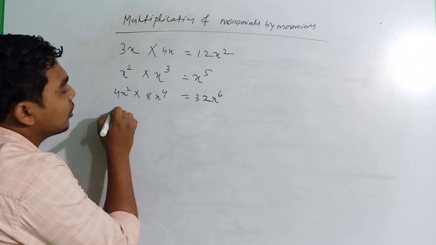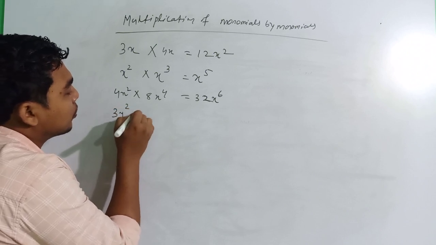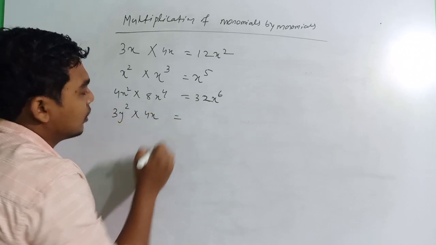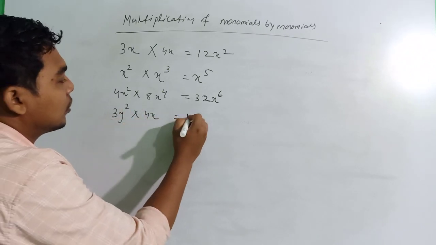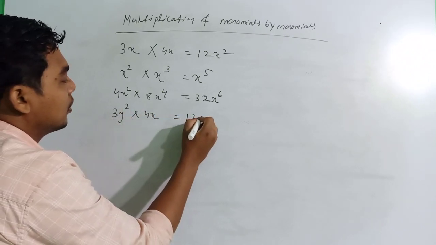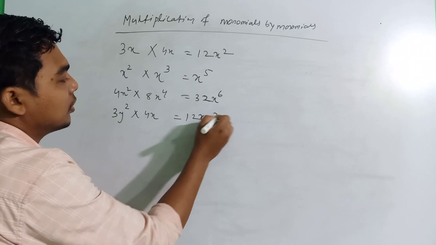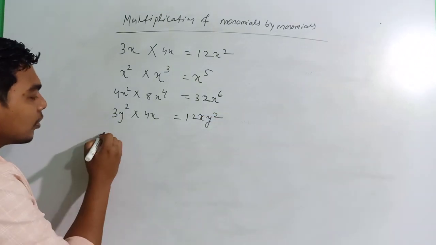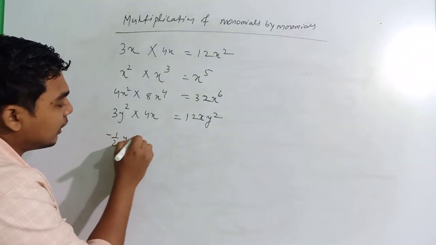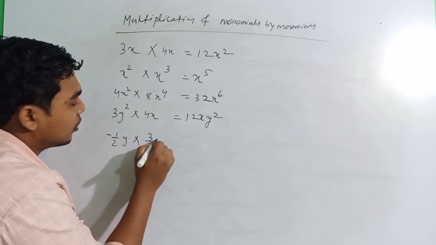Then suppose 3y square into 4x. 4 threes are 12 and the multiplication of x and y square is xy square. Suppose a fraction comes: minus 1 by 2y into 3 by 4z.